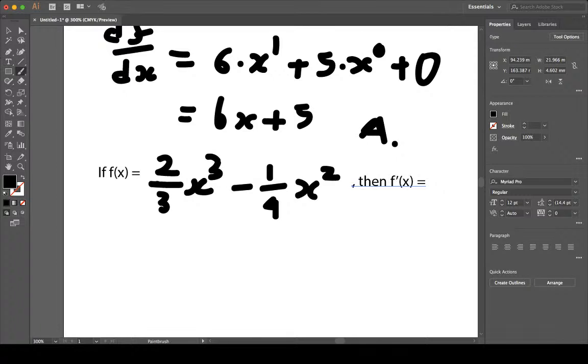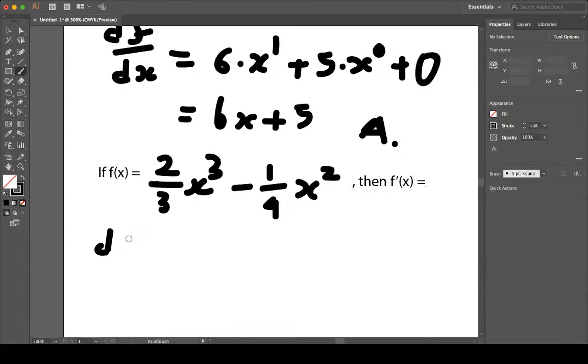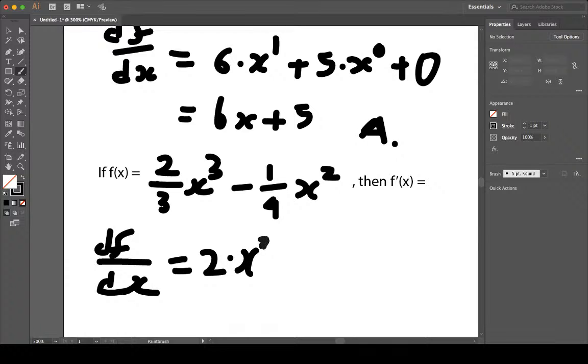So let's go and just multiply this. So let's just write this first, the f over the x there, equals to, no sorry, 2 over 3 times 3, that's 2, multiply that by x to the 3 minus 1, that's x squared, subtract that by a quarter times 2, that would be minus half, multiply that by x to the power of 1.